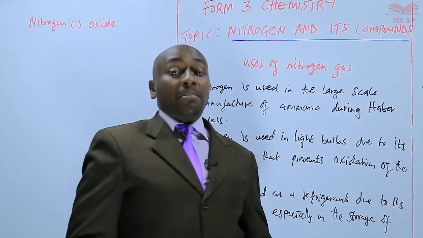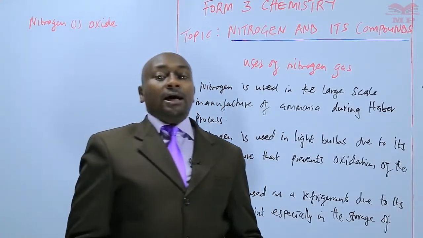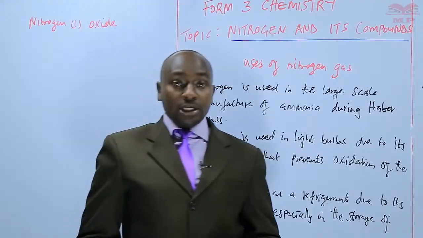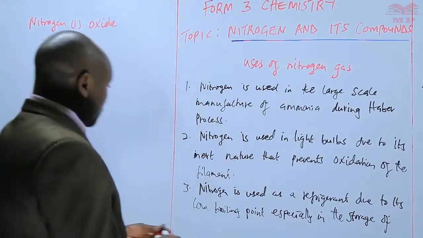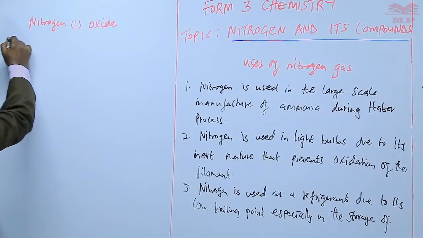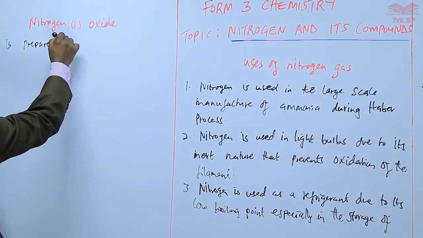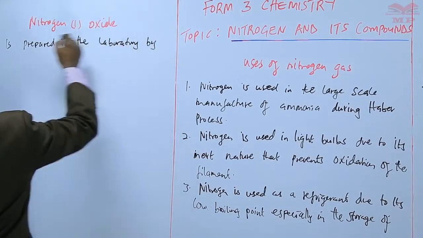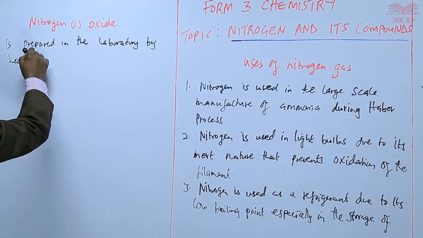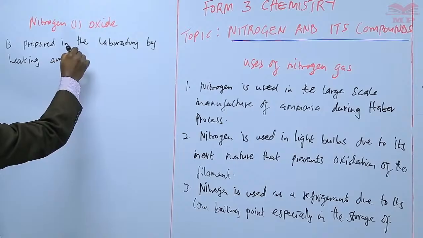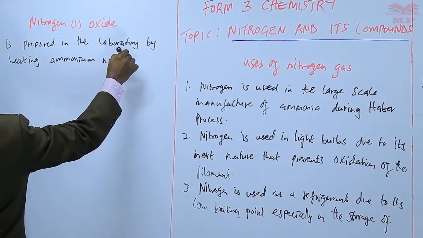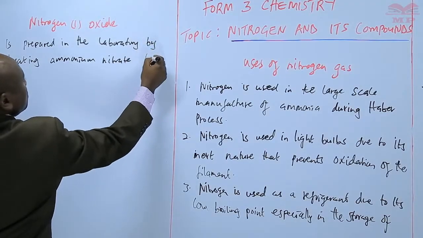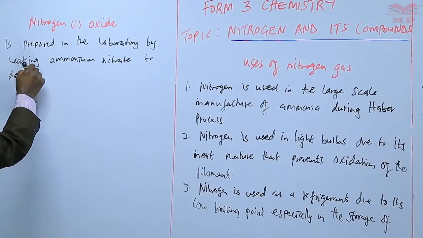And we saw that ammonium nitrate, as one of the nitrates, decomposes on heating, what we call thermodecomposition, to form nitrogen 1 oxide. So you can see that nitrogen 1 oxide is prepared in the laboratory by heating ammonium nitrate to decomposition.